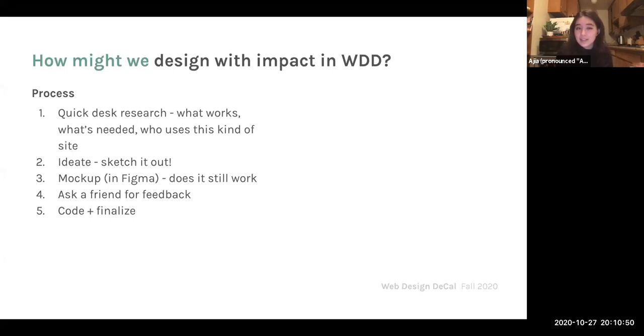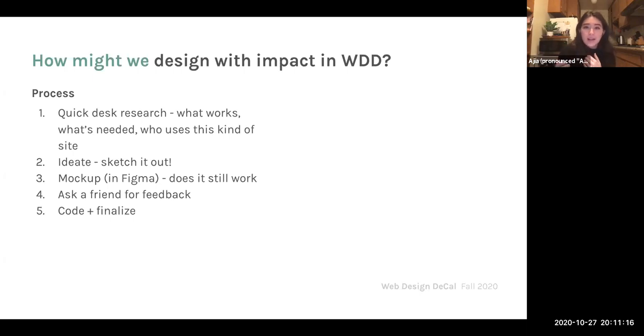So here's the process. First of all, really quick desk research. Desk research is basically Googling stuff, as I mentioned. So like a quick couple searches of what works in terms of donut sites, for example, what's needed and who uses the kind of site that you're designing for. For your final project, you're making whatever you want.